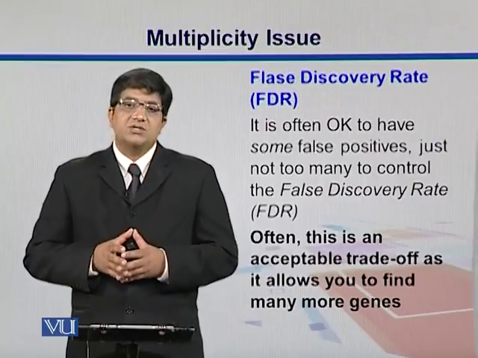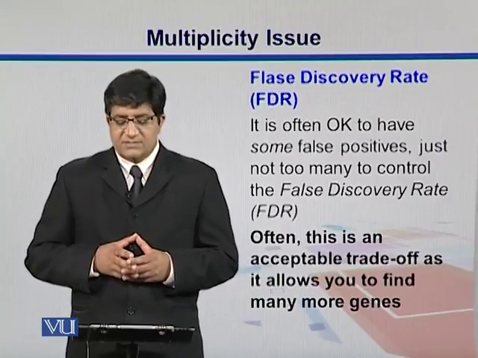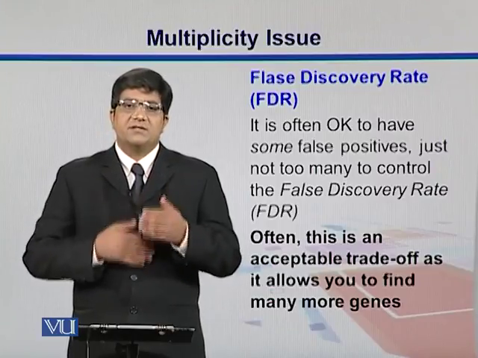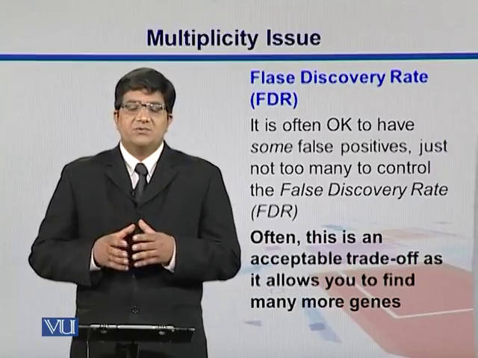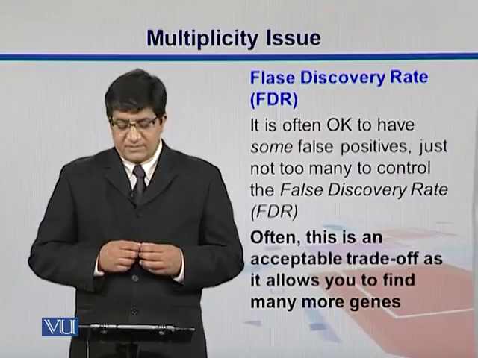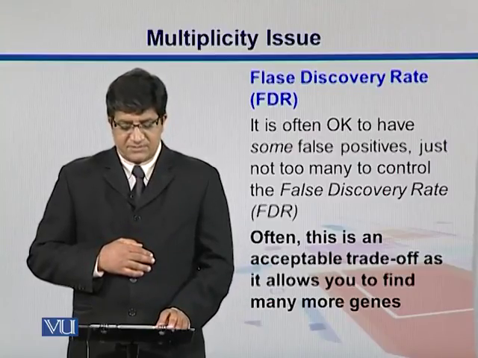There is another approach to correct for this multiplicity issue, which we call the false discovery rate. Sometimes it's okay to let some false positives be there. So rather than using the p-value, they use another measure, which we call Q, the false discovery rate.